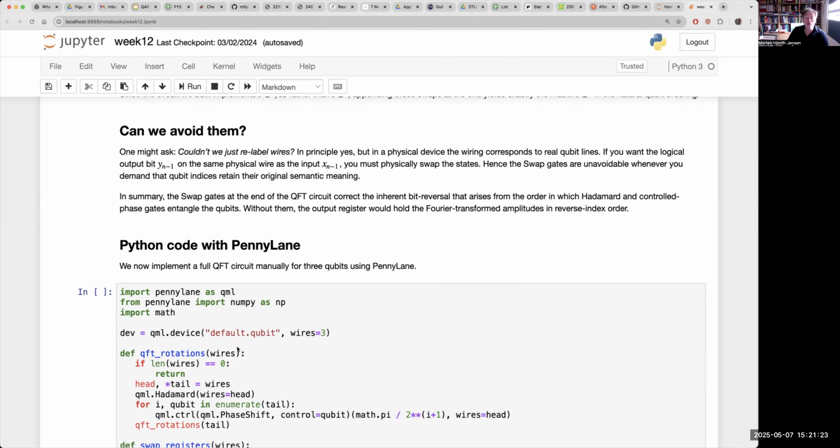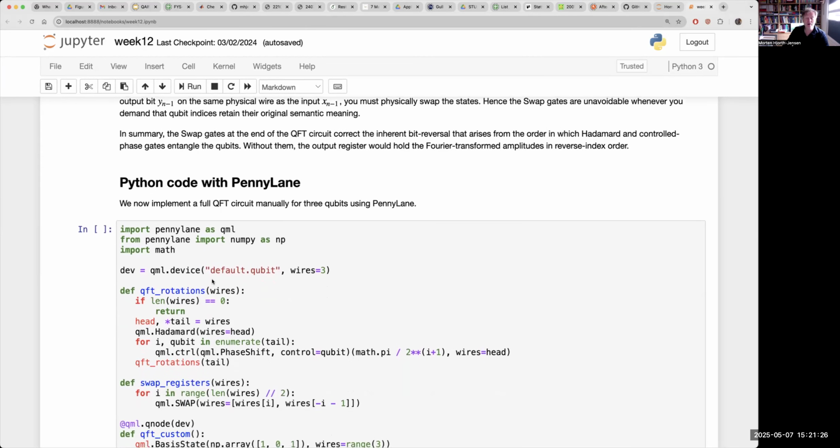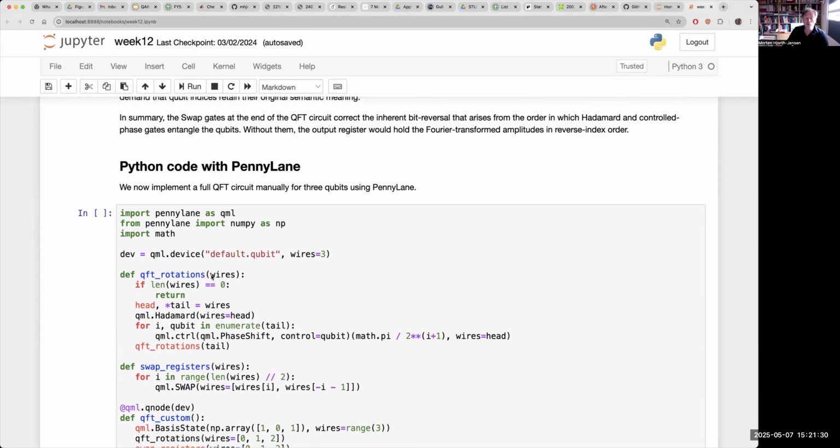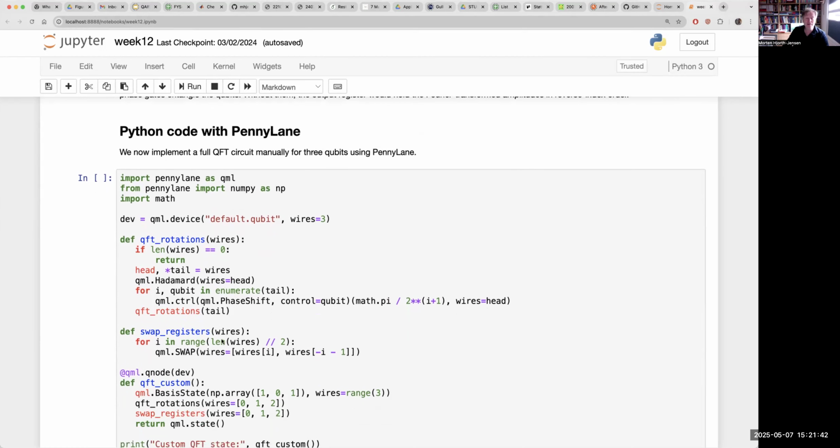And the typical way you would use PennyLane is to start by setting up the QML device. And then you would perform the rotations here. And then you see if it's 0, then you have a Hadamard gate, and then you have the phase shift gates. And then you will see here the right indices which come in. And at the end, you have the swap registers.